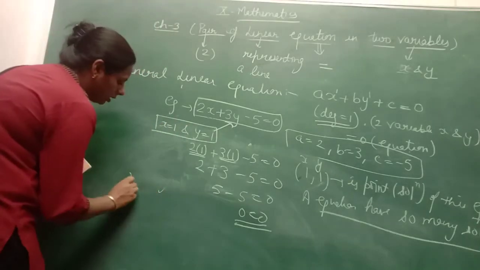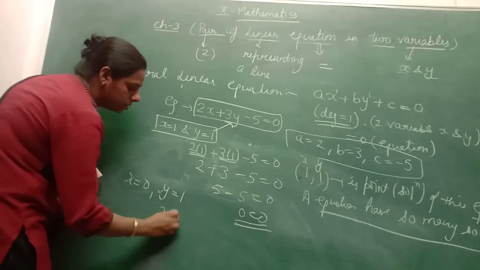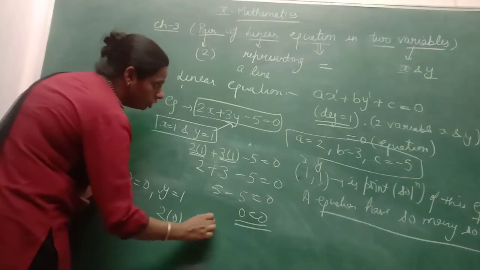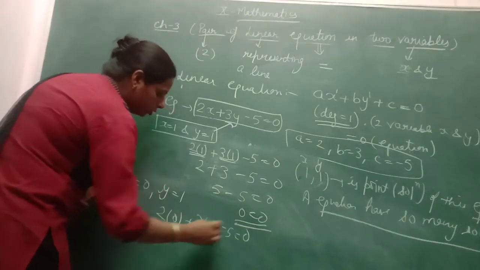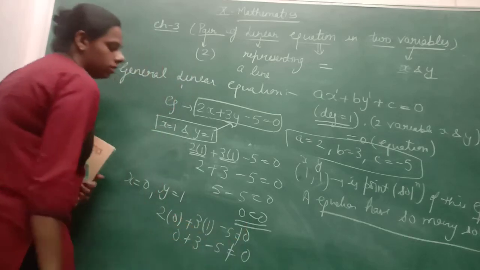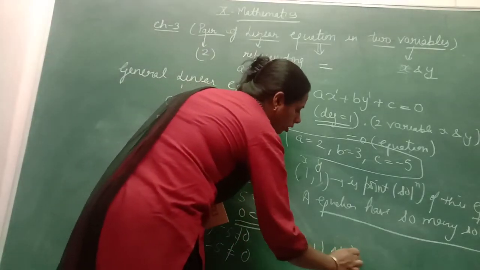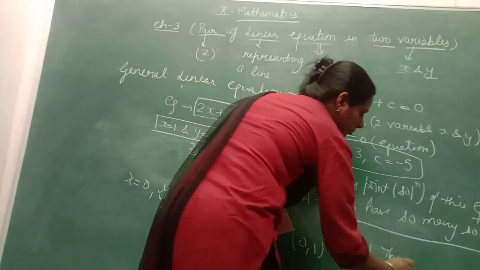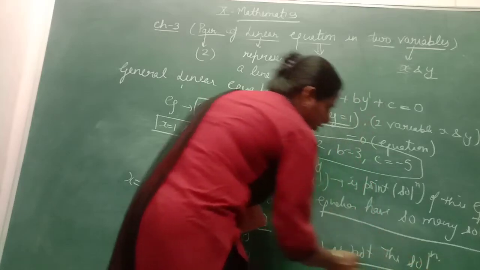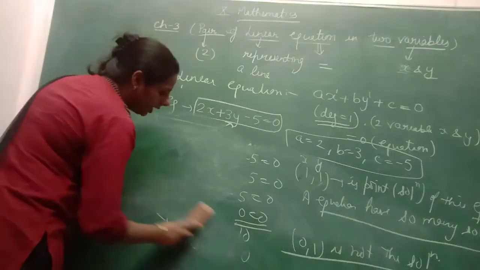Now if I put x equal to 0 and y equal to 1 in the same equation, you will observe whether it is a solution or not. You will observe that it is not equal to 0. So (0, 1) is not a solution of this equation. Okay, clear? Now come to the next topic.